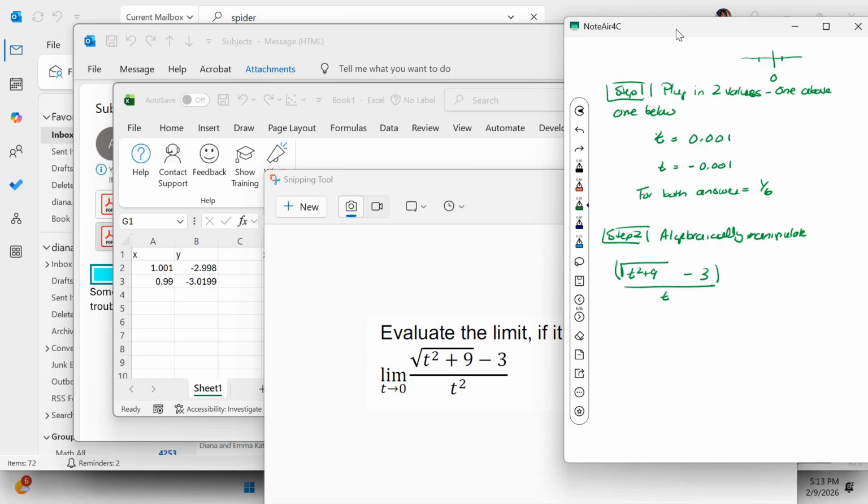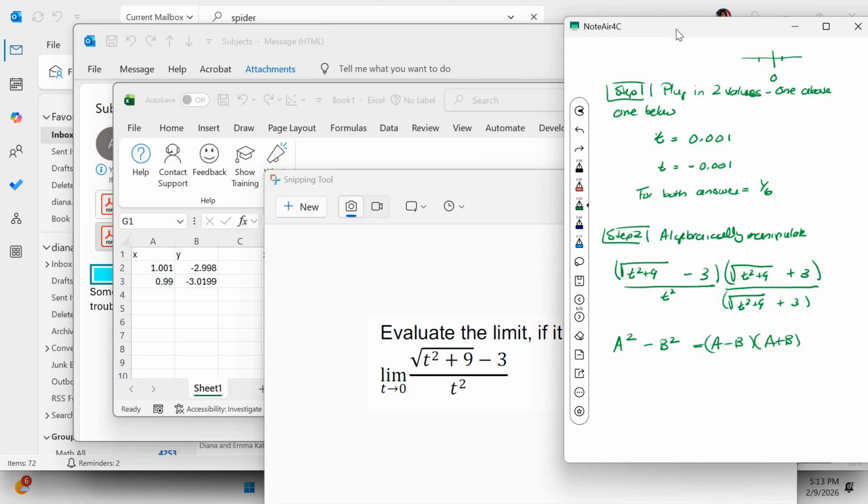So I'm going to take the first guy, t squared plus 9, and then add 3. And the bottom, I'm going to do the same thing. Now, why would you do that? Well, because we're math and crazy, kind of. If you remember, there's a formula that says a squared minus b squared is a minus b times a plus b. Difference of squares. Totally easy.